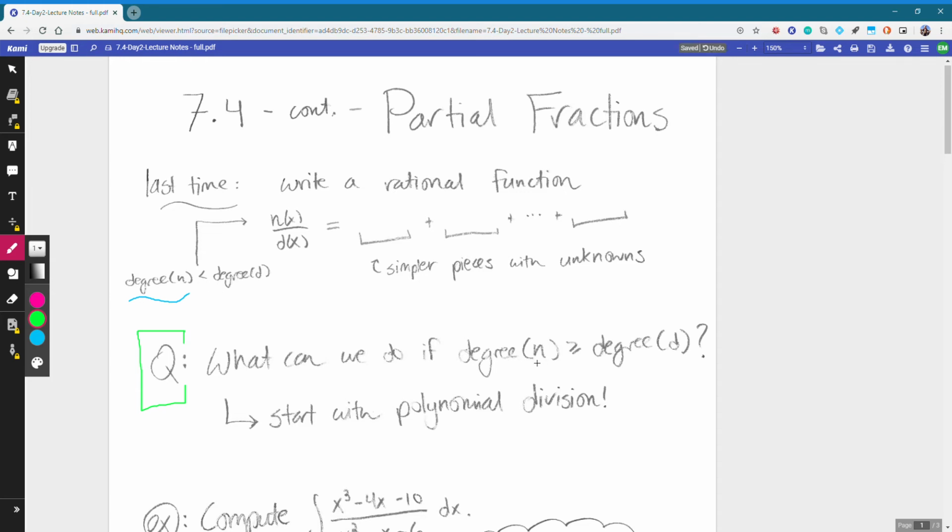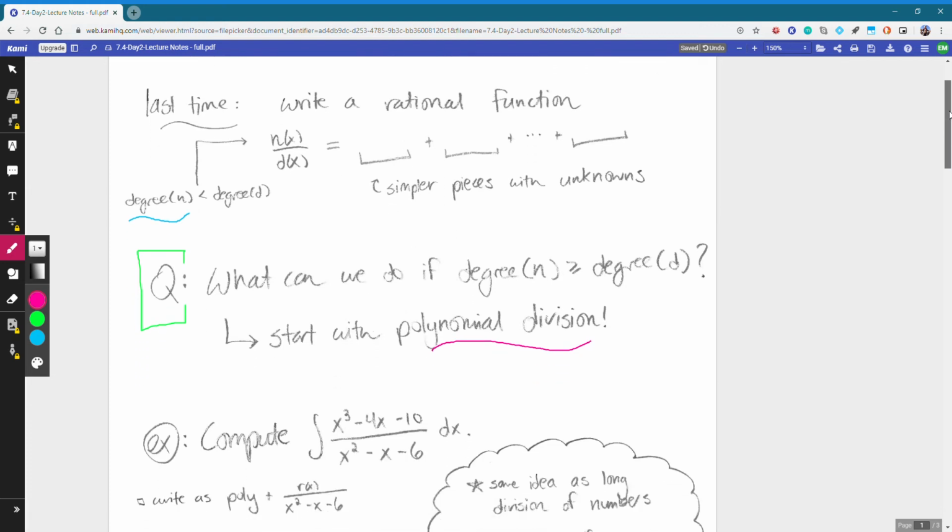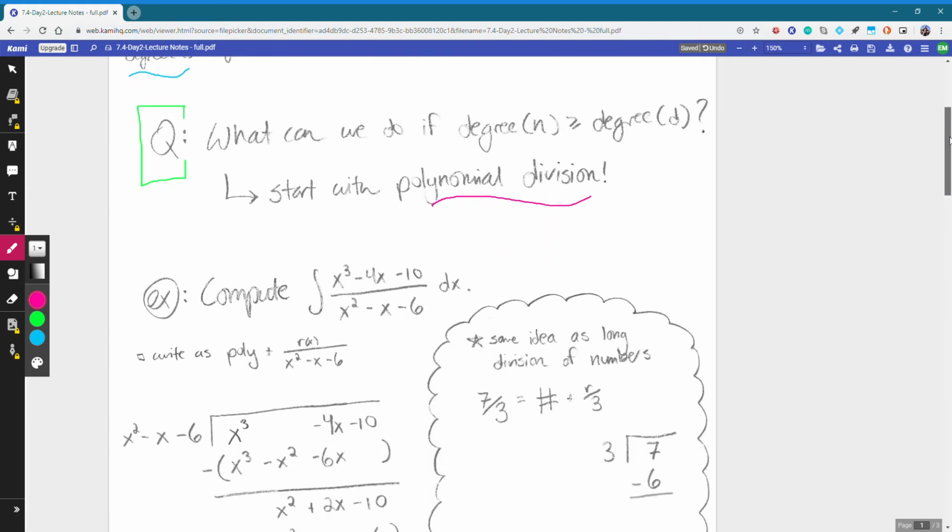What if the degree of our numerator is the same as or bigger than the degree of our denominator? Well, what can we do then? Well, it turns out we can get things into the form we want with a little division. And so here we're going to look at an example and remind ourselves how this goes.